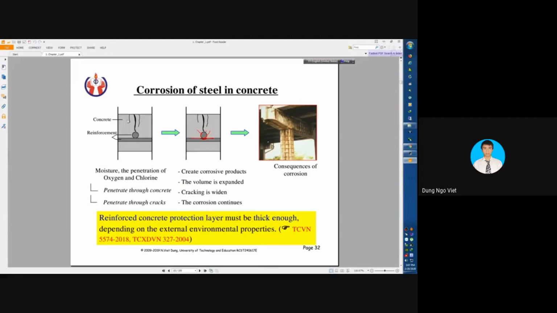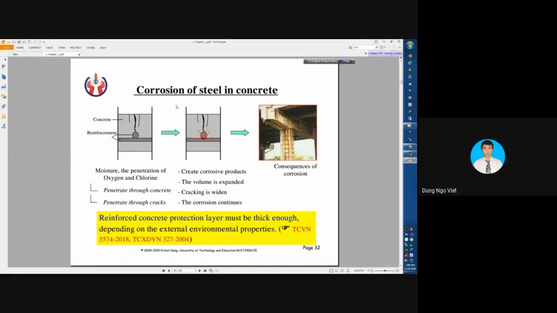However, if the concrete develops a crack, for example, here we have the concrete with a crack, the moisture and the penetration of oxygen and chloride will go through the concrete and contact the reinforcement surface, and create corrosive products.